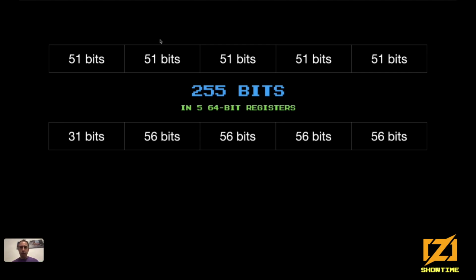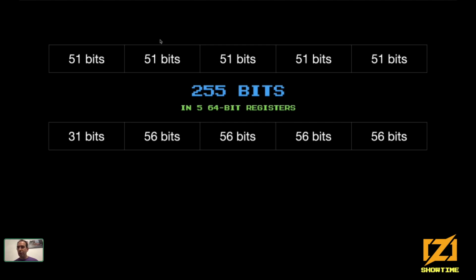One thing we could do is instead of having 4 64-bit limbs to store our 255-bit number, we can add one more. So we have 5 64-bit registers now. So now we only need 51 bits per limb. This is nice.